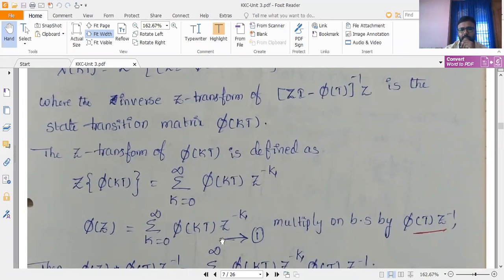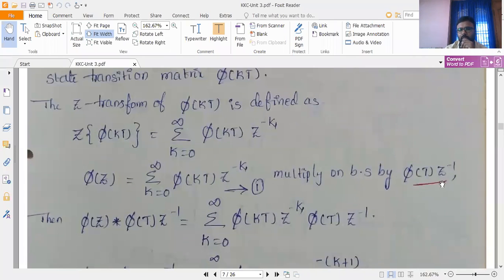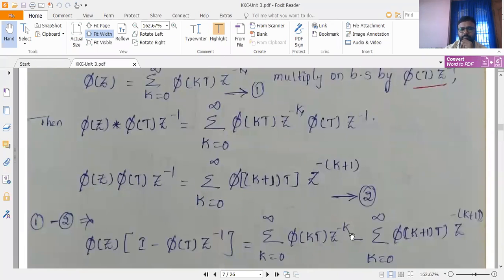So just multiplying this equation with φ(T) into z inverse on both sides, we are going to get φ(z) into φ(T) into z power minus 1 is equal to the sum from k equal to 0 to infinity of φ(kT) into z power minus k into φ(z) into z power minus 1.